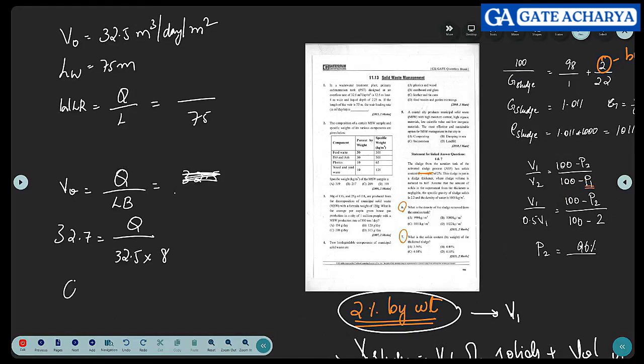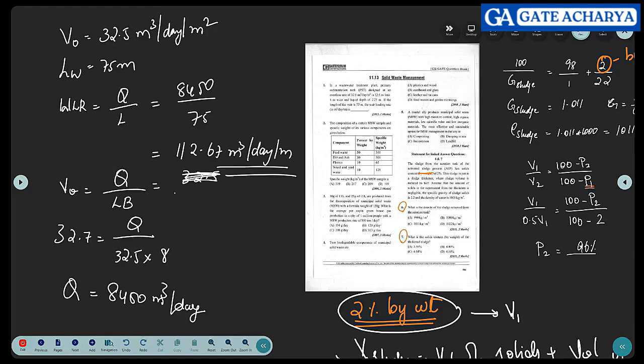What is the discharge? 8450 meter cube per day. So this is 8450 divided by 75, which is 112.67 meter cube per day per meter length of the weir.